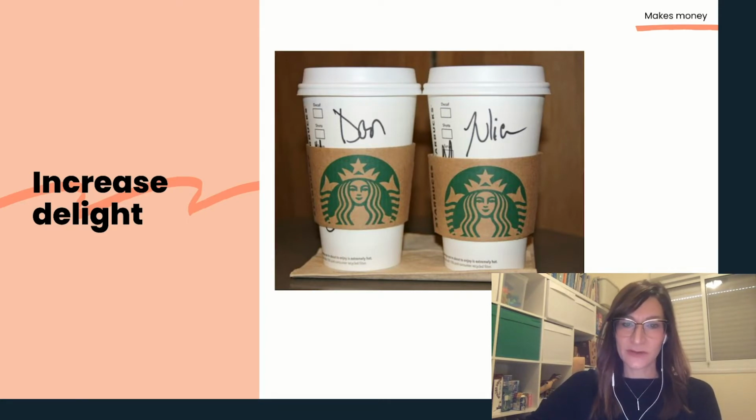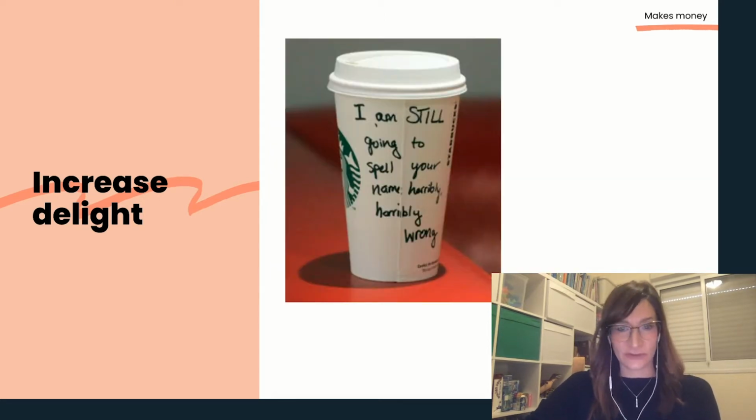So there was one barista who thought outside the box, and instead of butchering the name, just wrote, "I am still going to spell your name horribly, horribly wrong." And that is an example of using microcopy, using UX writing, even in a non-digital space, just to give a moment of delight in what otherwise could have been a pretty negative moment.